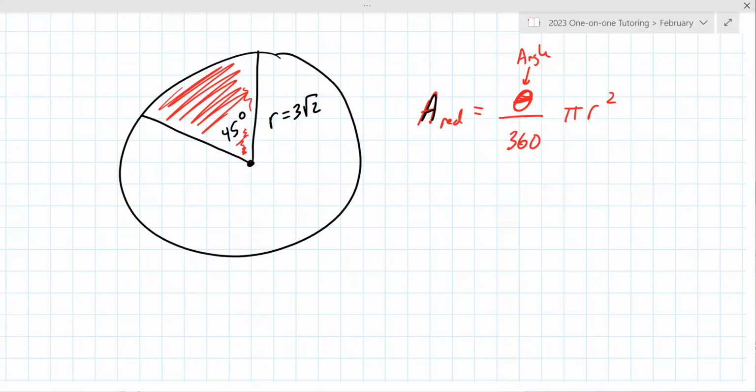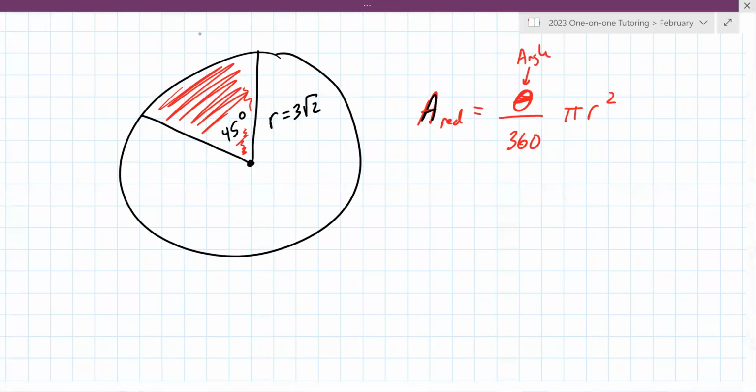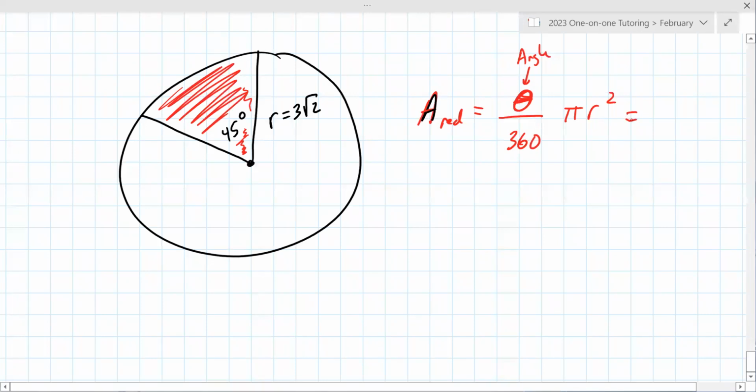I guess I have to do that real quick. 45, 360, 72. So I got 9 over 4. That's correct.